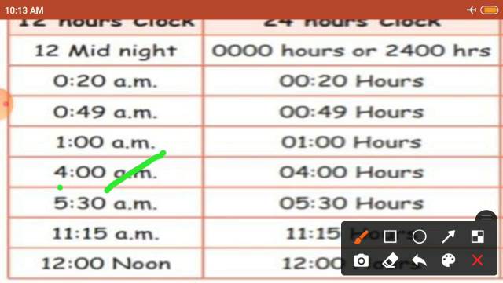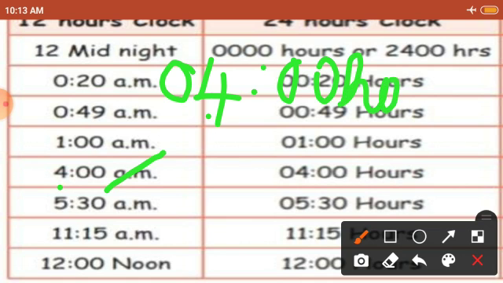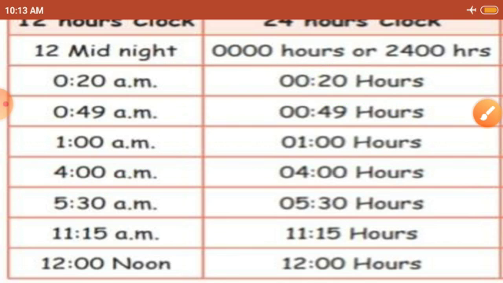You have 4 only. So before that you have to put a 0. Now we got 04:00. And this is which time? Railway time. So you have to put hours here. So what will you get? 04:00 hours. Let's see the next one.